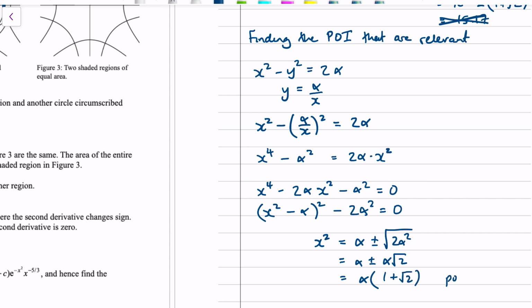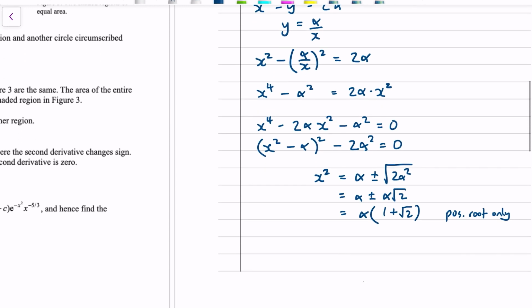Positive root only, because x squared needs to be a positive number, and 1 minus root 2 would make it negative. And the equation that we were solving was a power of 4 equation. It's going to have two real solutions. It would have two that are complex. We don't want the complex ones, or the ones with imaginary bits. Okay, so that's x squared.